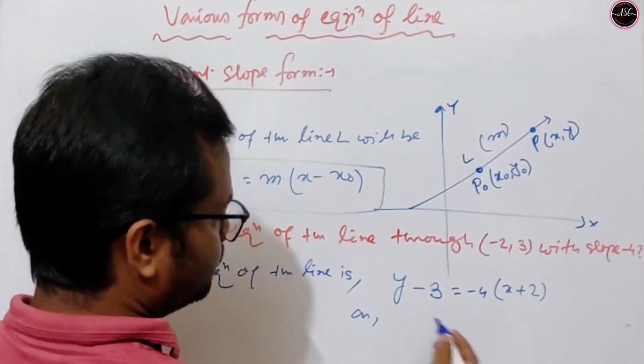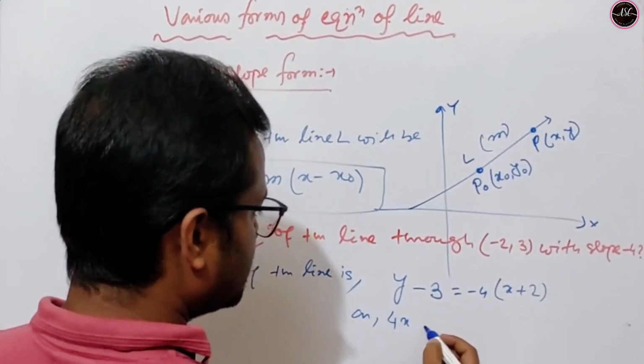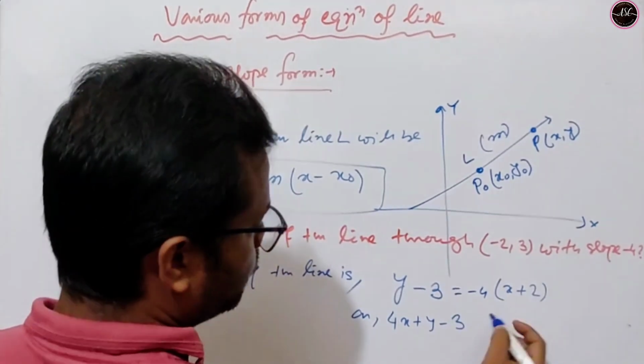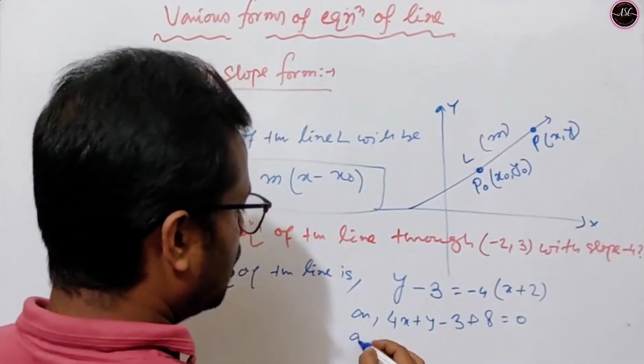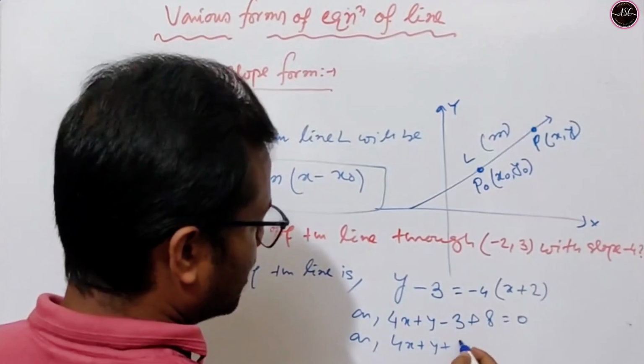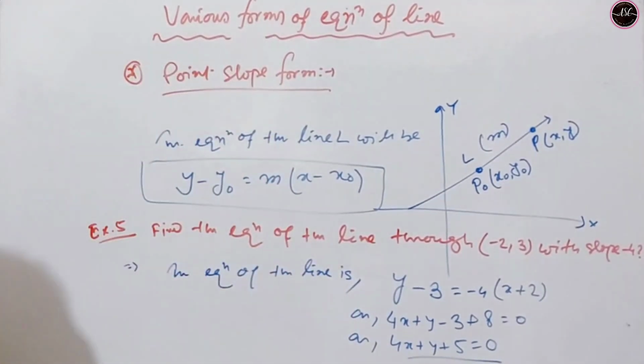Just rearrange this: 4x plus y minus 3 plus 8 equal to 0, or 4x plus y plus 5 equal to 0. Very easy.